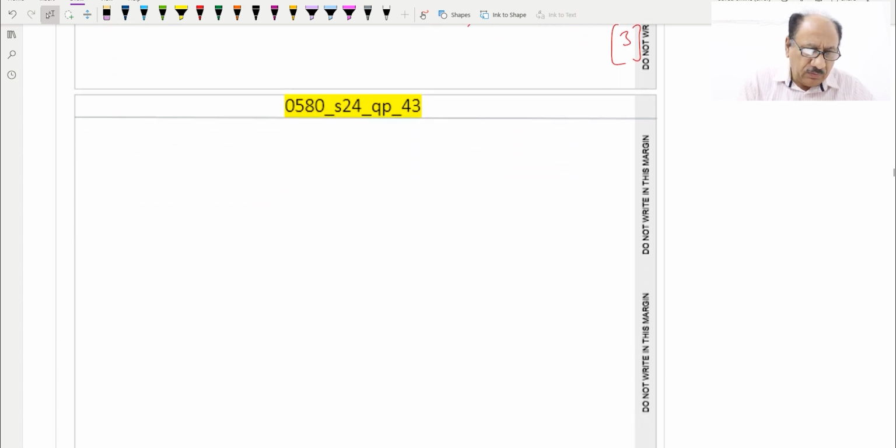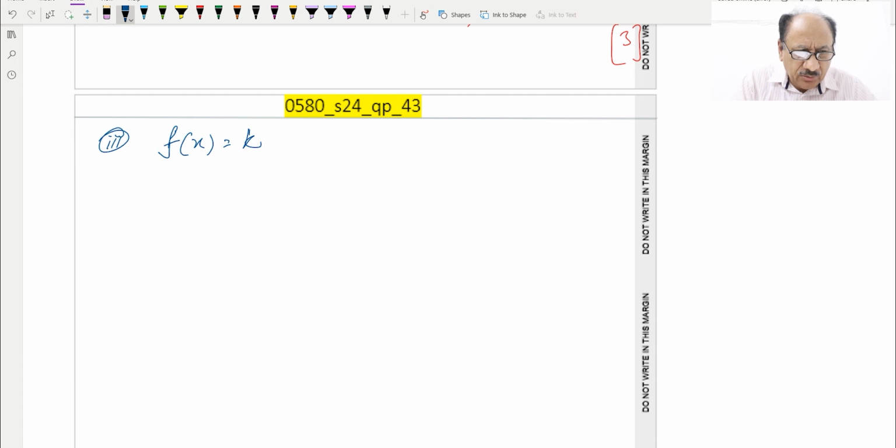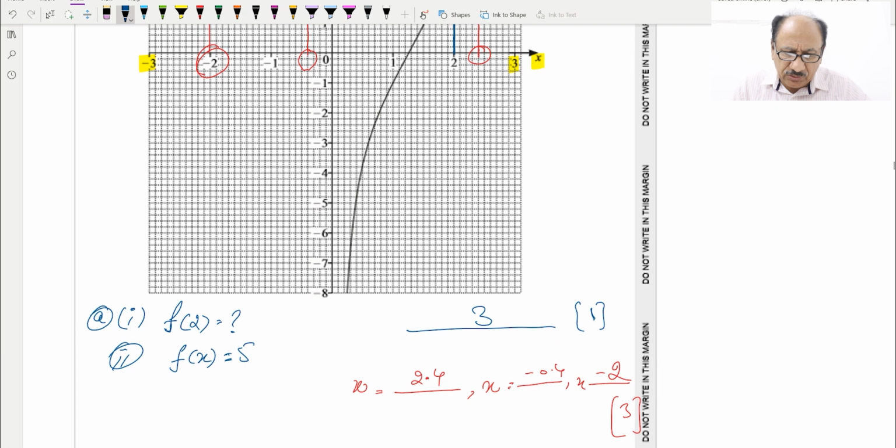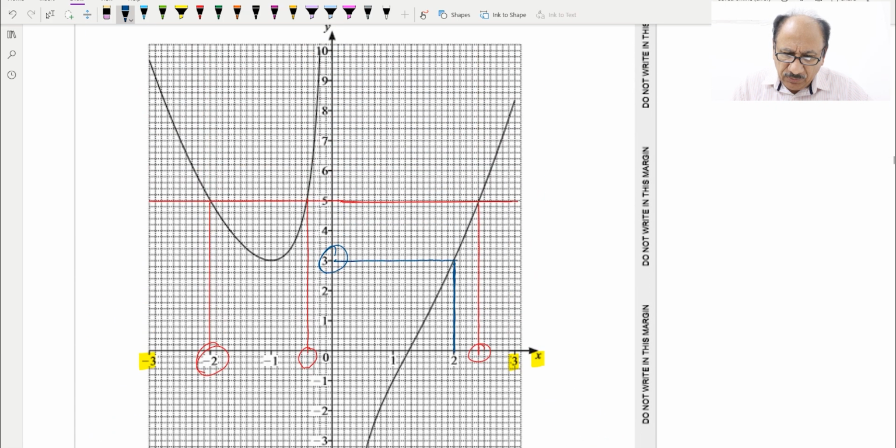Now if we go ahead, the third part is the equation f of x is equal to k. f of x is equal to k means y is equal to k, has exactly two solutions. So write down the value of k. We require the value of k for two solutions. If we draw a line over here, it will have three solutions.